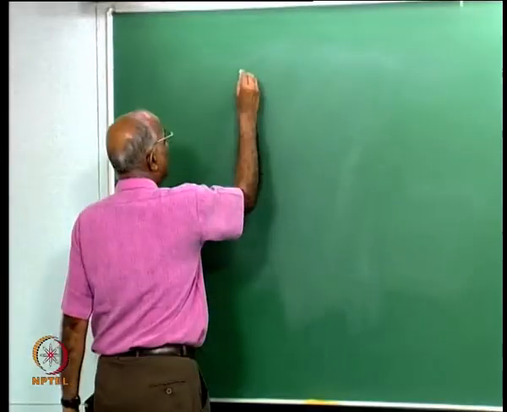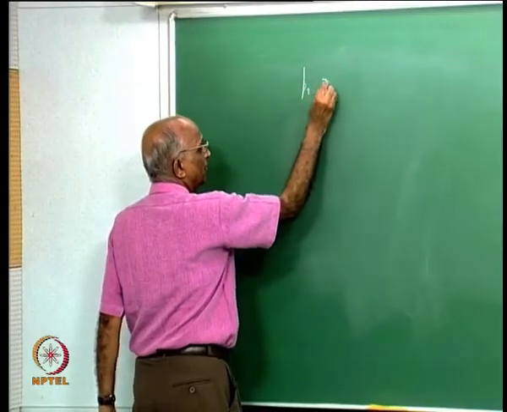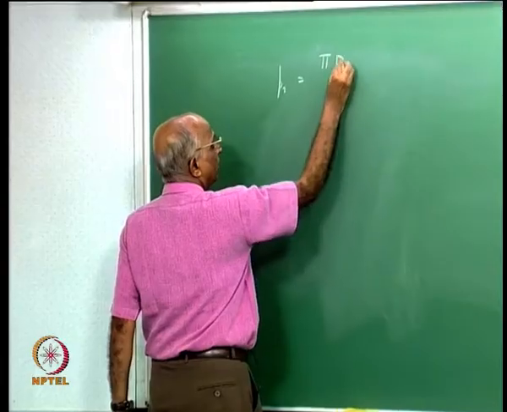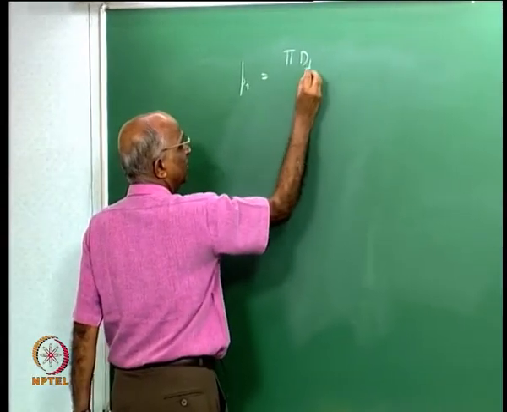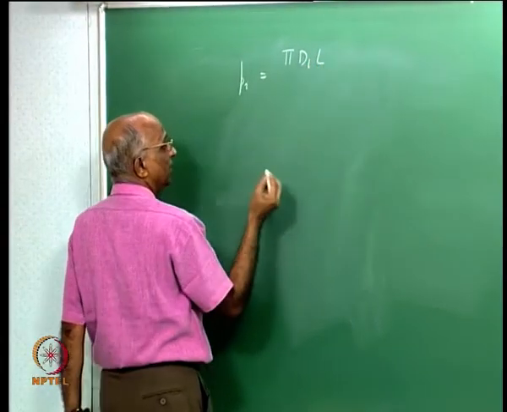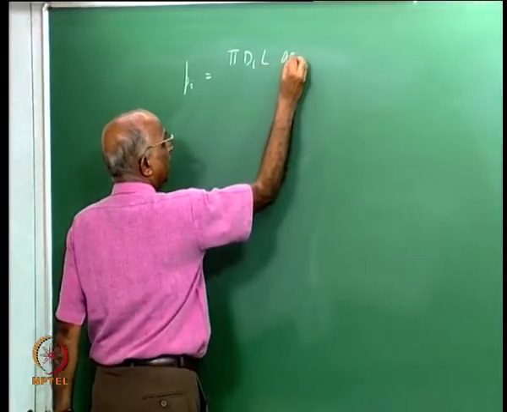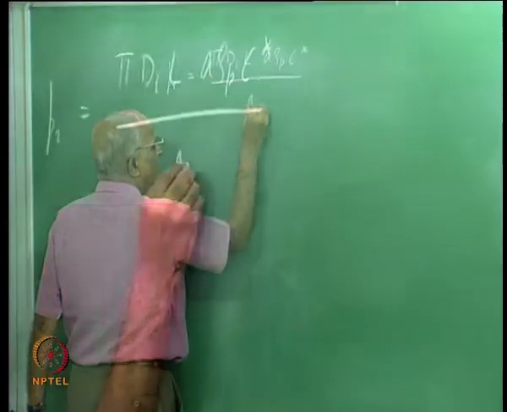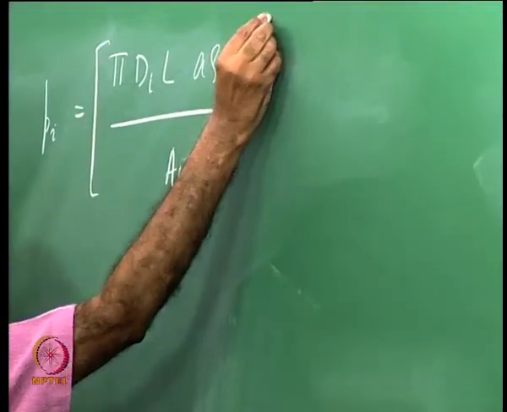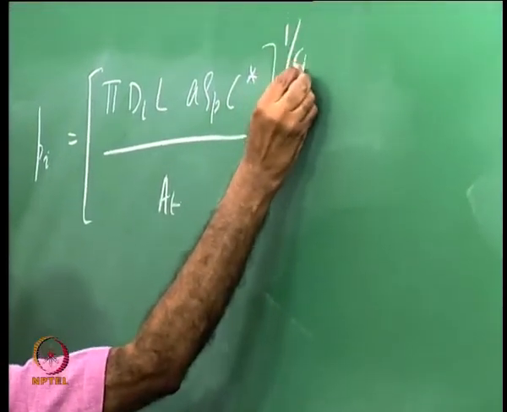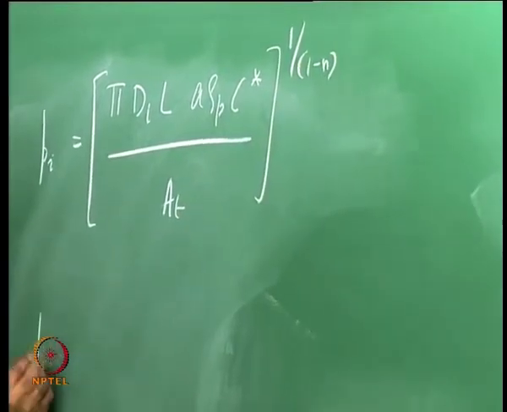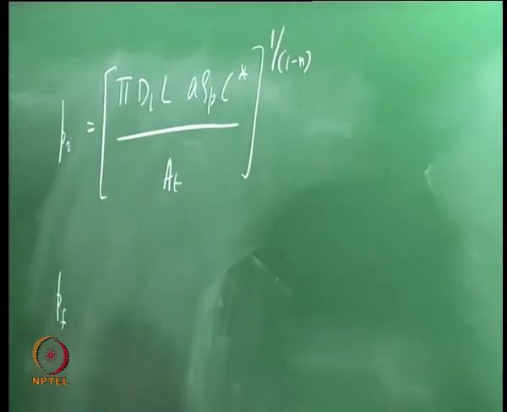Well, I have the initial value of pressure equal to whatever I have written there. Let us rewrite it: pi d_i, which is the initial perimeter, L, is the initial burning surface area, a rho_p c star divided by A_t, to the power 1 by 1 minus n, right. Now, what is the final value of pressure when the burning has progressed?